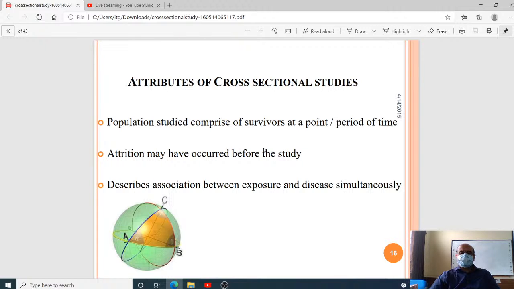Attrition may have occurred before the study, and it describes the association between exposure and disease simultaneously.